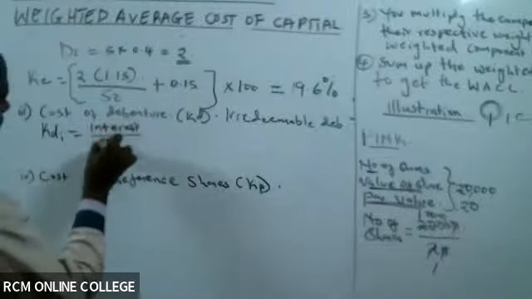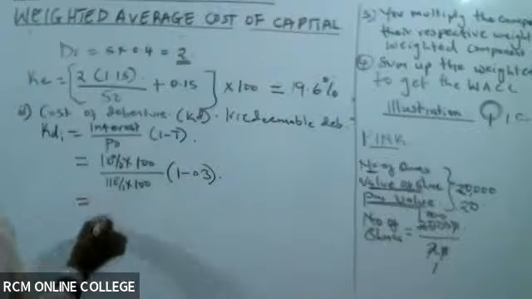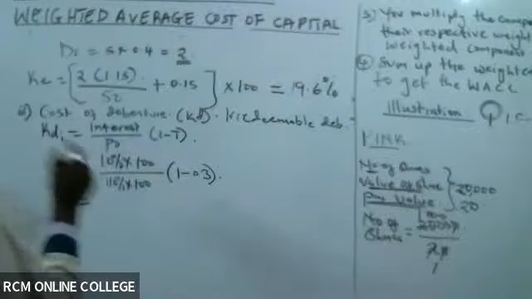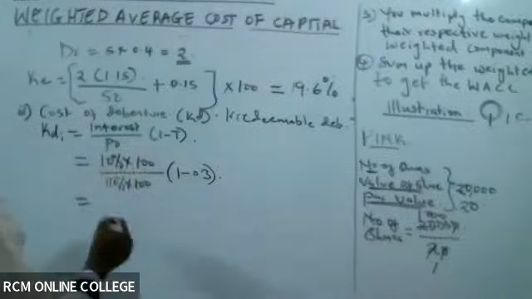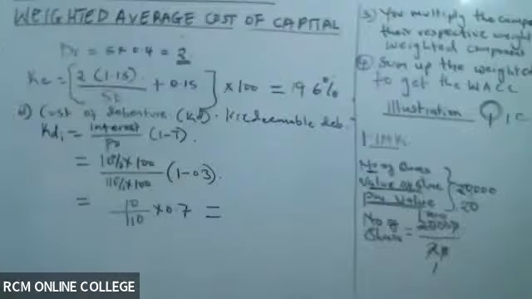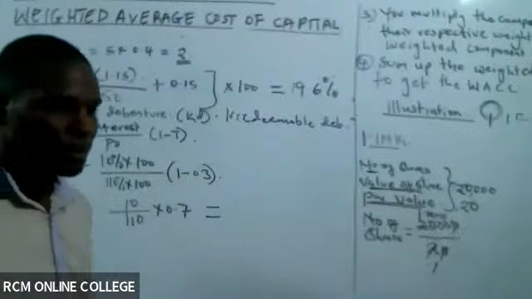And then we adjust 1 minus 0.3. So basically here we'll have 10% of 100, which is 10, divided by 110 times 0.7. What do you get? Let's see who got that KD.